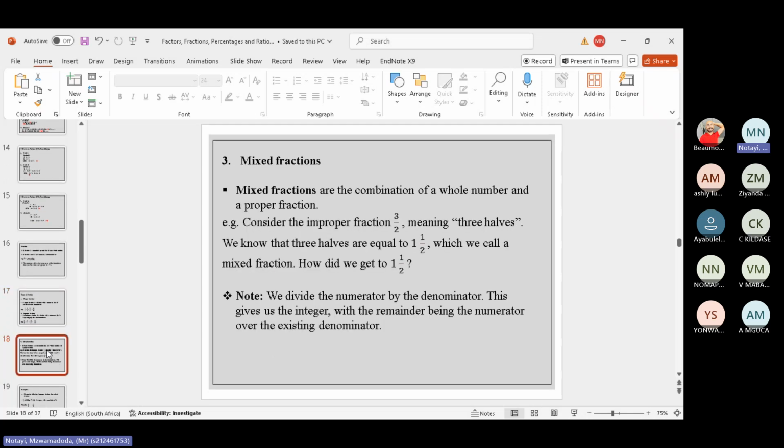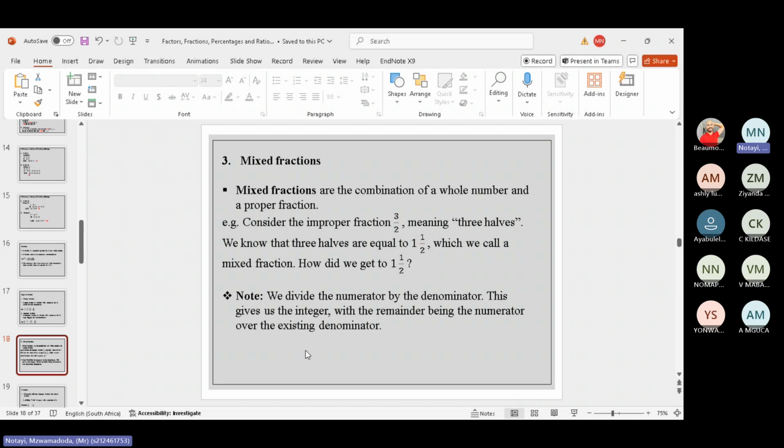Okay, we also have mixed fractions. Mixed fractions are the combination of a whole number and a proper fraction. Consider the improper fraction 3/2, meaning 3 halves. We know that 3 halves are equal to 1.5, which we call a mixed fraction.